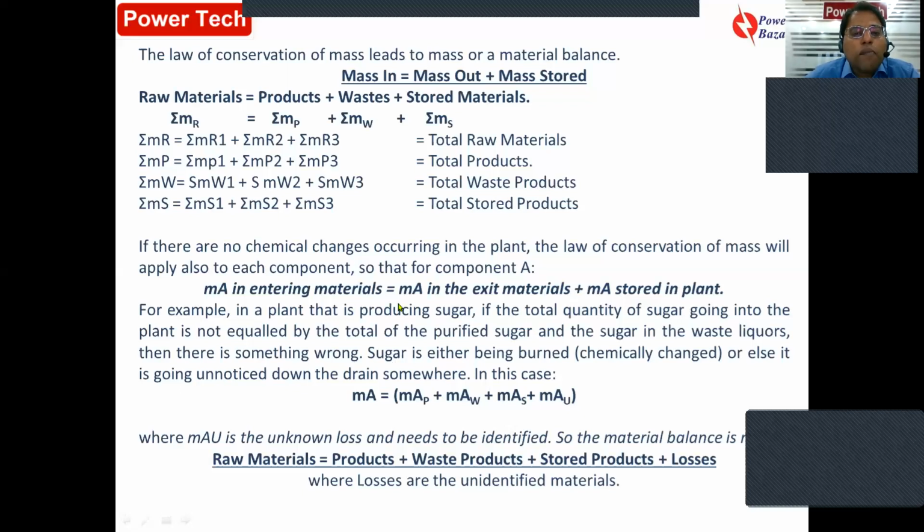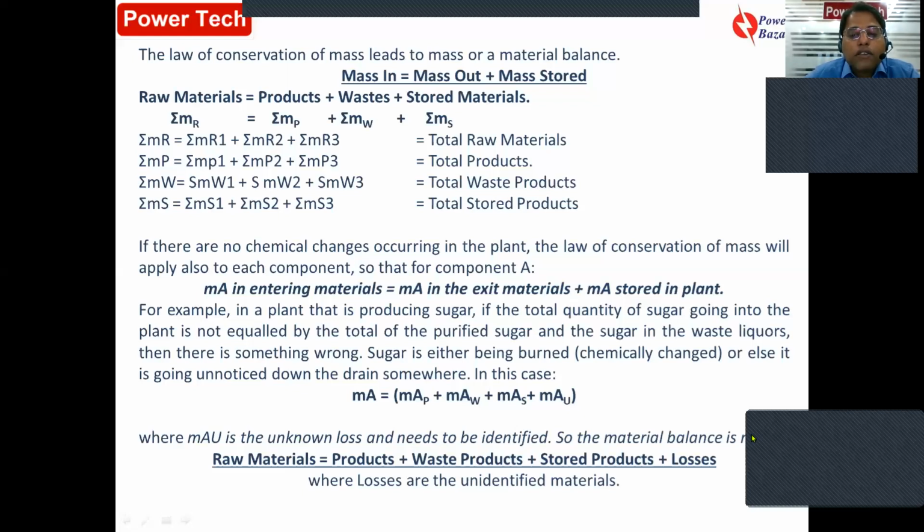In this case, what happened exactly? The mass entering materials is equal to product plus waste plus stored plus this, which is known as the losses, or basically unknown losses, M_AU, where A is basically a component. So the mass of unknown losses needs to be identified.